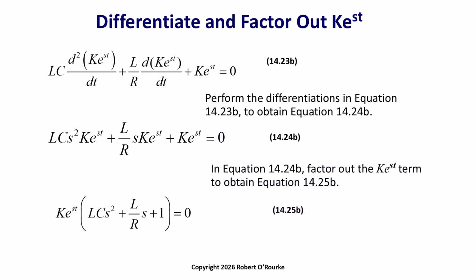Factor out the exponential term k e to the st from each of the three terms in equation 14.24b, resulting in equation 14.25b.